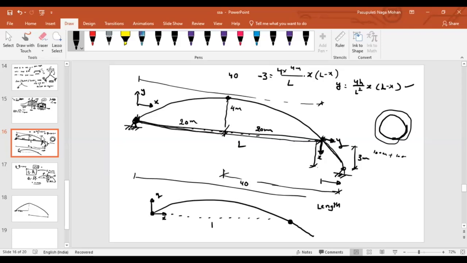This is what you treat as L, right? So this is the zero ordinate, this is the zero ordinate. So the length between them is L. But what is given in the question? They have given that from here to here, the distance is 40 meters, isn't it? For this 40 meters, what will be your ordinate?